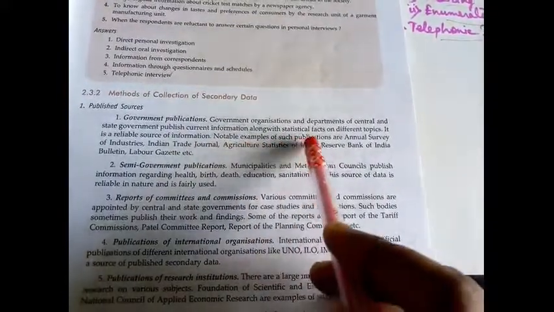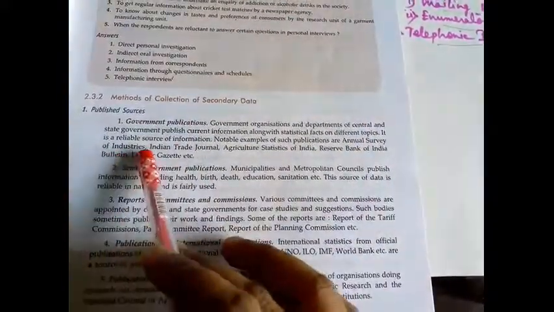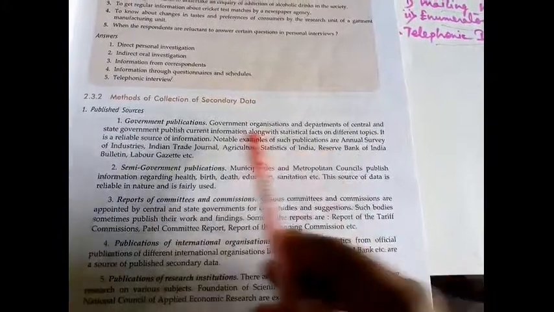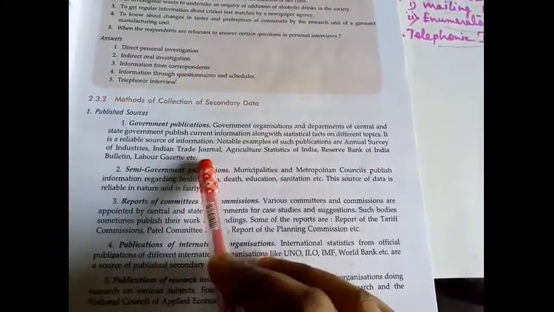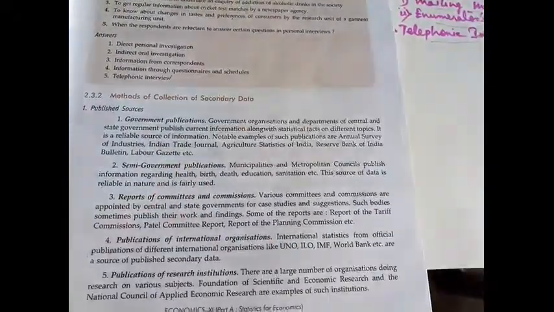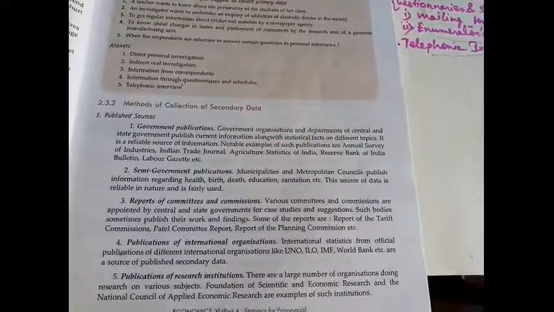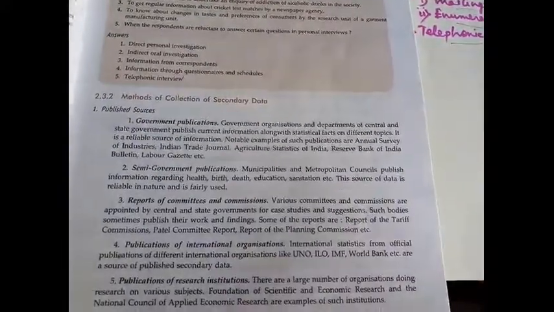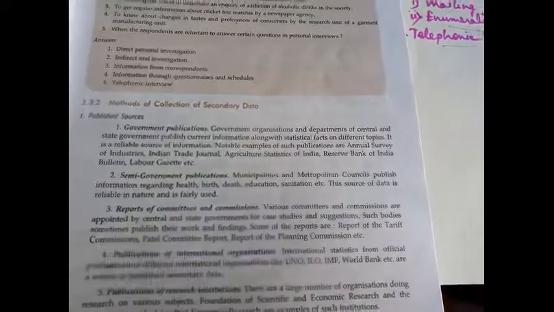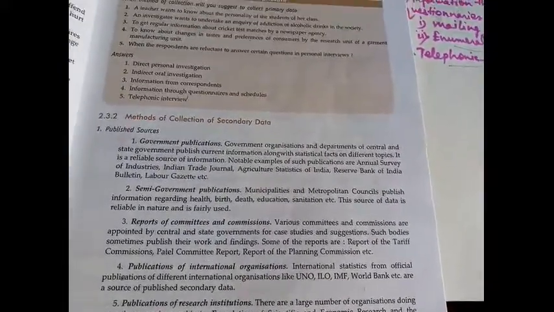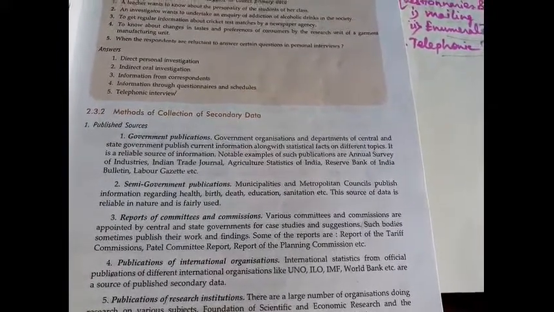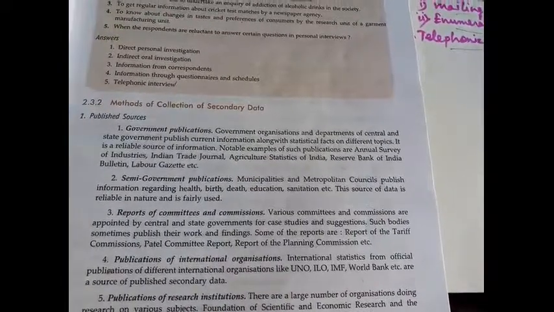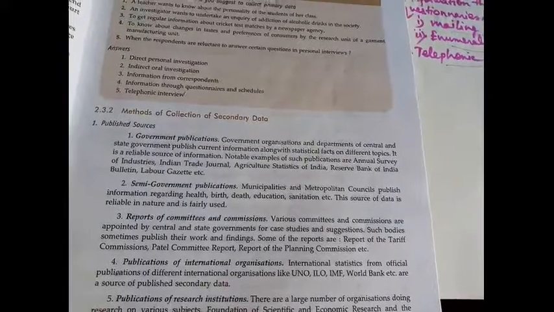Notable examples of such publications are Annual Survey of Industries, Indian Trade Journal, Agricultural Statistics of India, RBI Bulletin, Labour Gazette, etc. So the data which you get from a government institution, government organization, government office, is known as government publications. And since it is provided by government, it is reliable, meaning you can keep trust in it. Whatever the government has provided us is correct, not wrong.